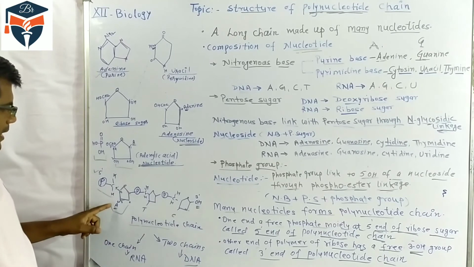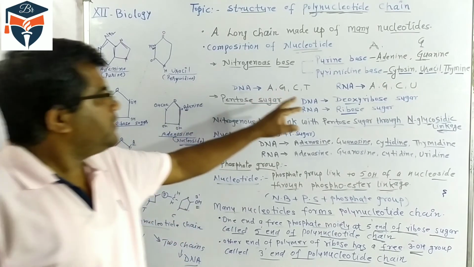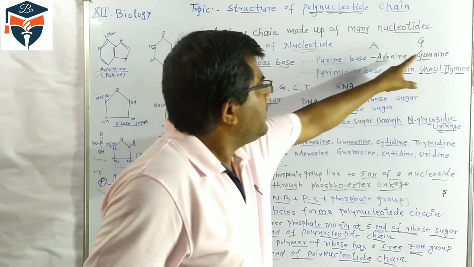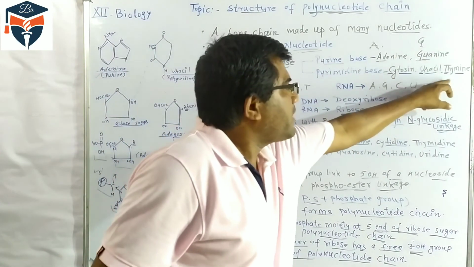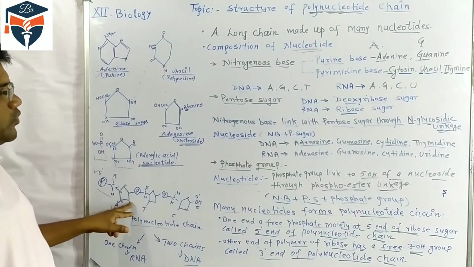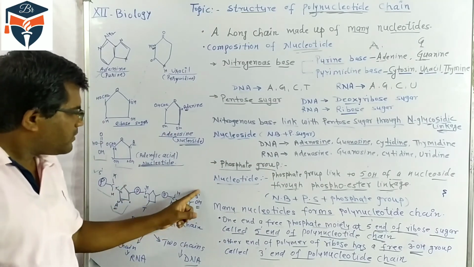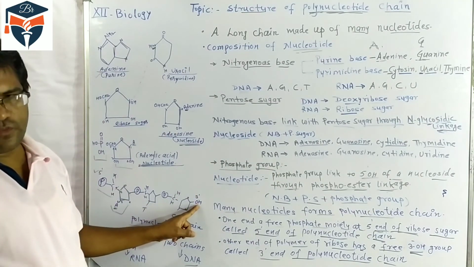In DNA, four nitrogenous bases occur: adenine, guanine, cytosine and thymine, and the sugar in DNA is deoxyribose sugar, and at the third position there is the OH group.